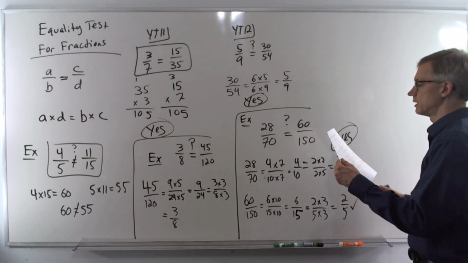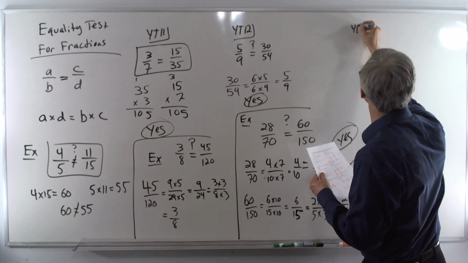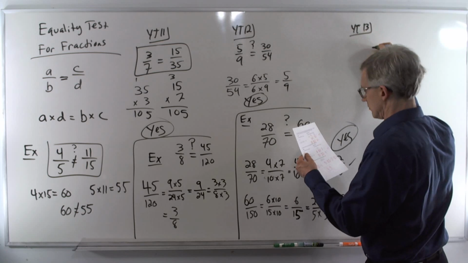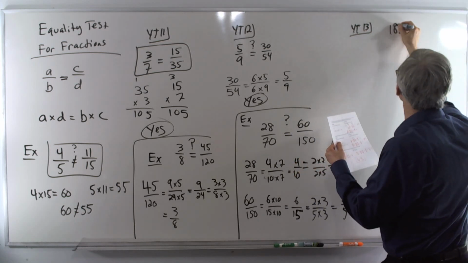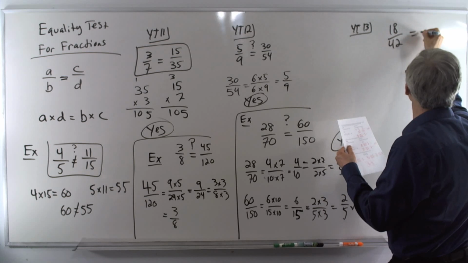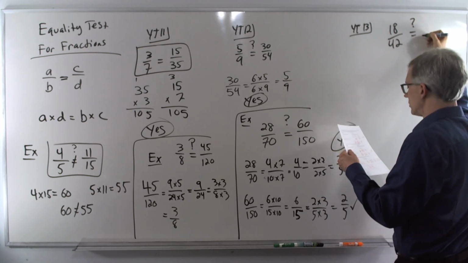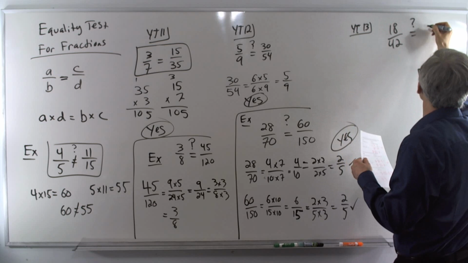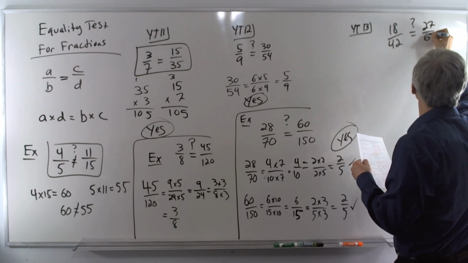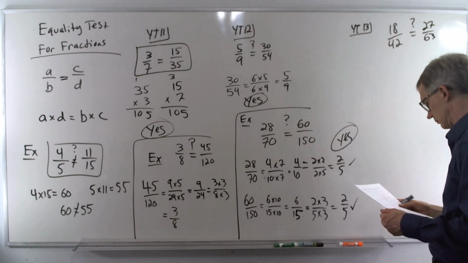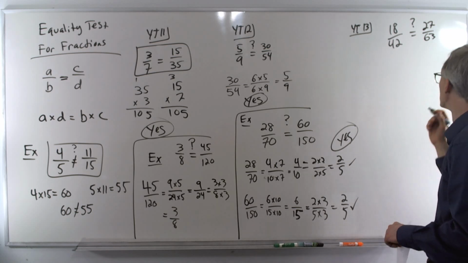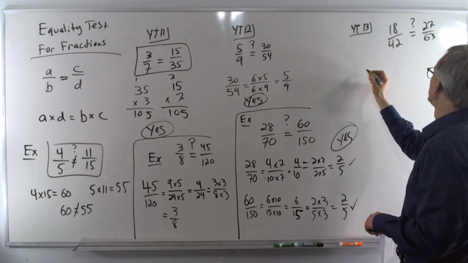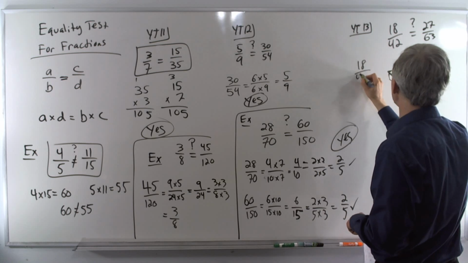Go to number 13. We're going to test 18 over 42 and see if that is equal to 27 over 63. Let's reduce 18 over 42.